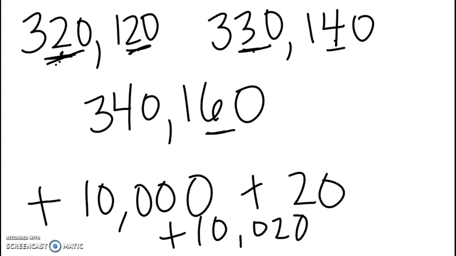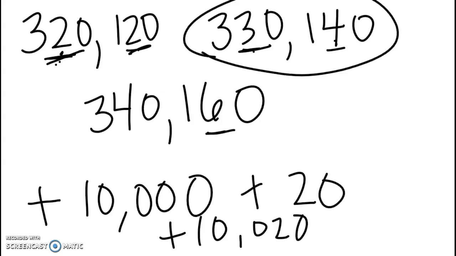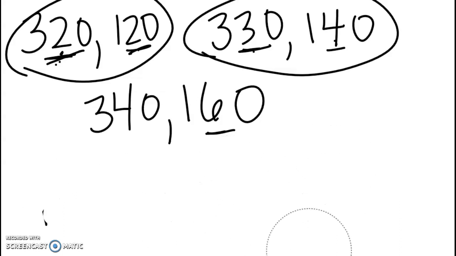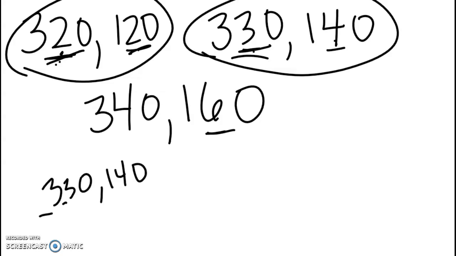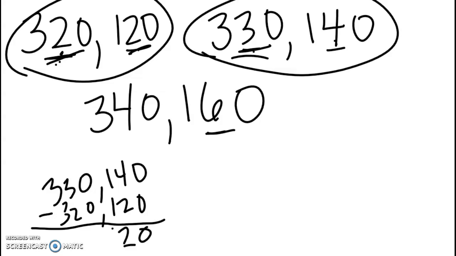Or I'm adding on 10,020. Now again, I could have taken these two numbers and subtracted them if I wasn't sure what they were changing by. So I could have just said, okay, 330 is bigger, so I better put that one on top. Subtract 320,120: 0, 2, 0, 0, 1, and then nothing.